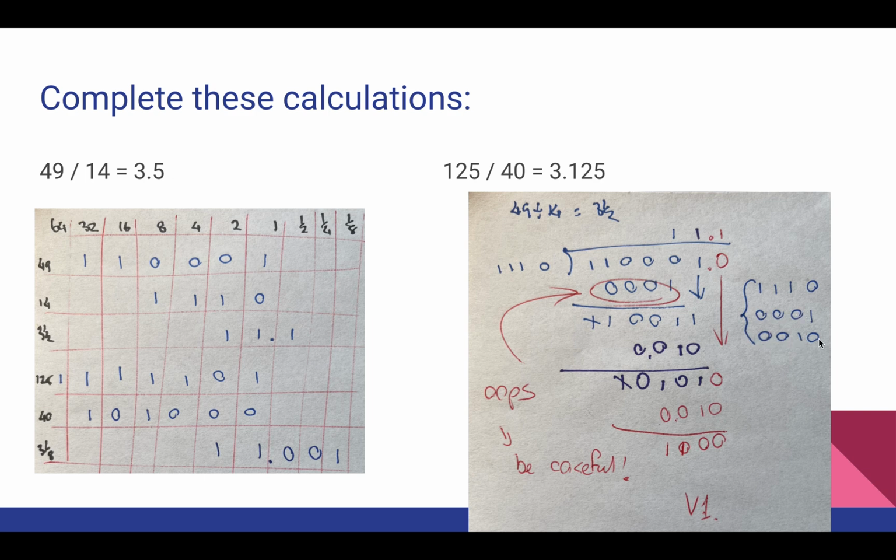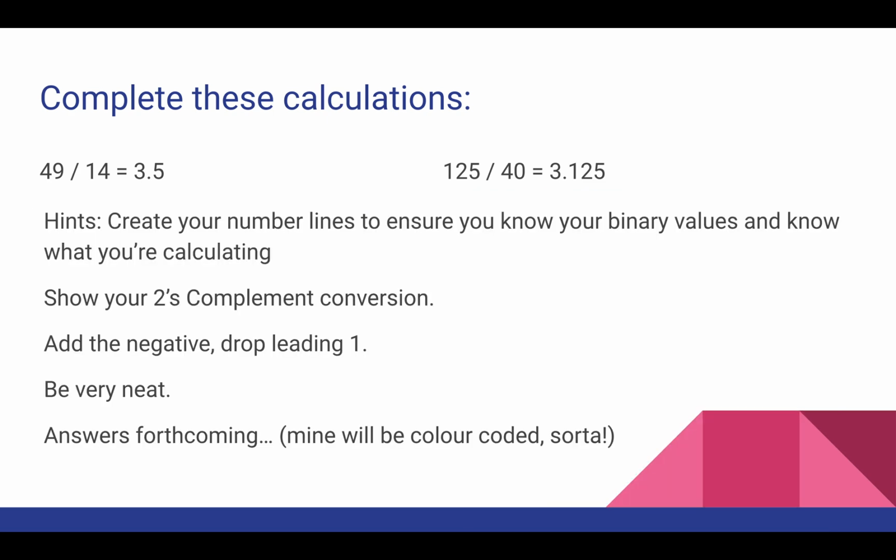The correct 2's complement, 0010. But when I've done my first subtraction, I've made a mistake and I've transposed values. And it got me all the way through this part of the calculation, before I realised I'd made my mistake. Hence the reason I'm saying be very, very neat and very, very methodical.